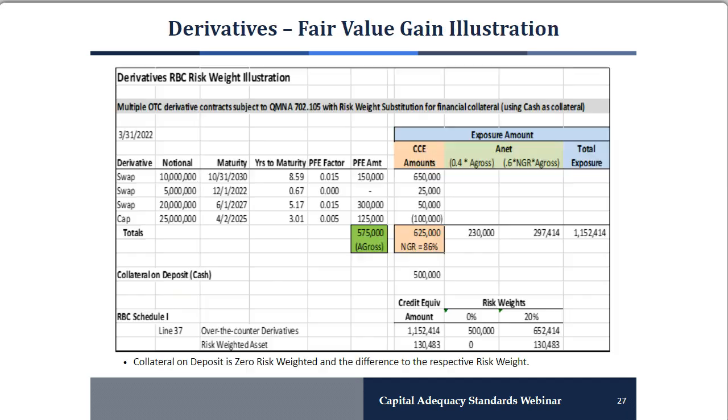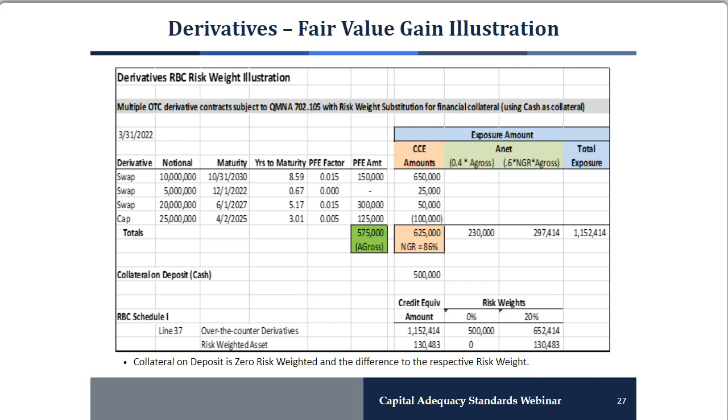With that, we've illustrated 2 examples of how this might work. In this slide, the first illustration shows 4 derivative contracts with various remaining maturities and the associated fair value, which in this case is a net positive amount. We are assuming that the transactions are subject to a qualifying master netting agreement.